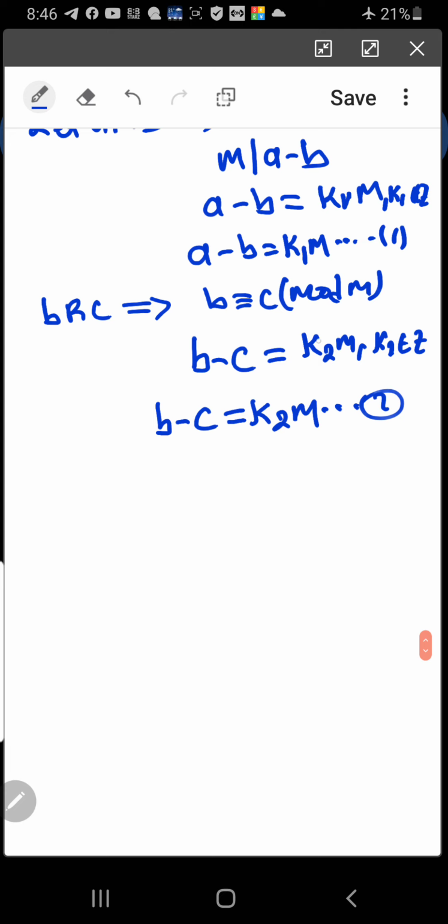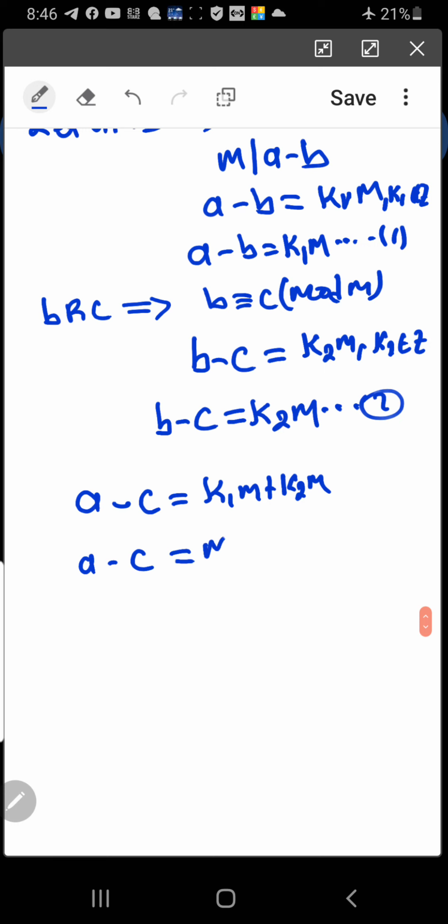If we add equation 1 and 2, we'll finally have A minus C is equal to K1M plus K2M. A minus C is equal to M times K1 plus K2.